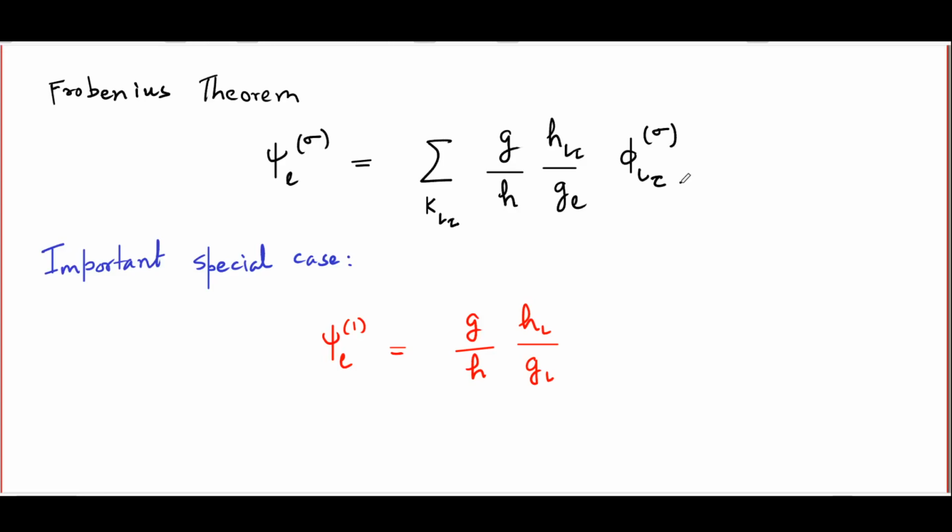So this particular formula for the special case gives us a compound character value for the nth class given by the simple ratio G over H into HL over GL.